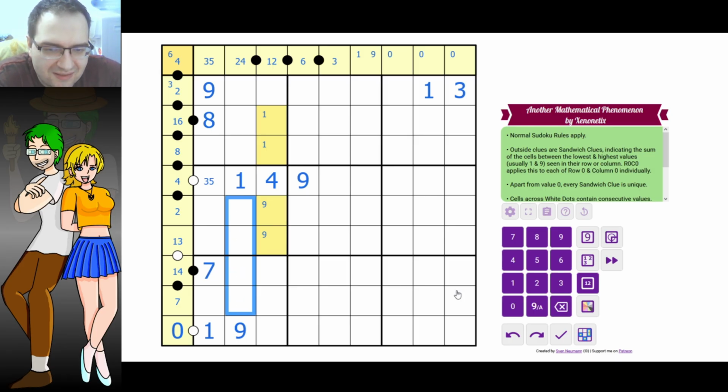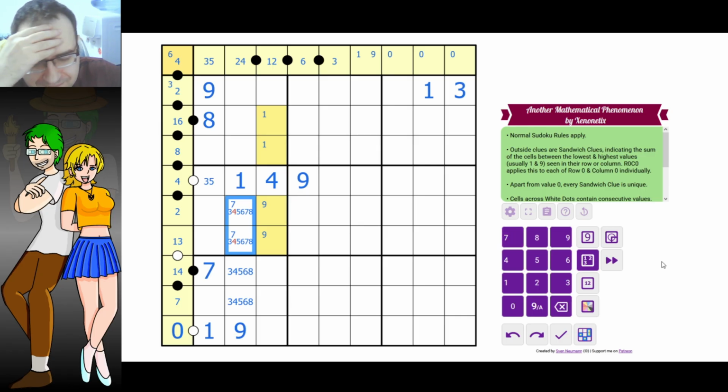So 7, 8, 4, 5, 3, and 6. That's not the best notation. But so again, we have a 7 here, which means the 7 is not there. So one of these is the 7. Because this cannot be a 4.